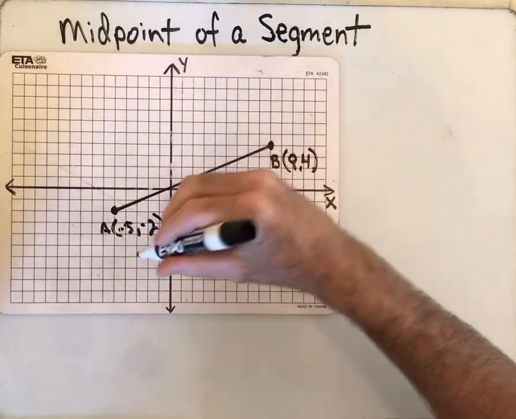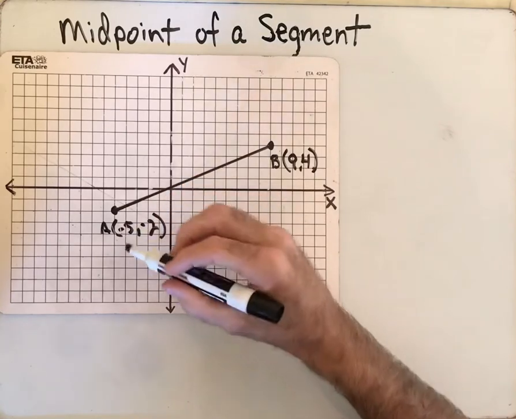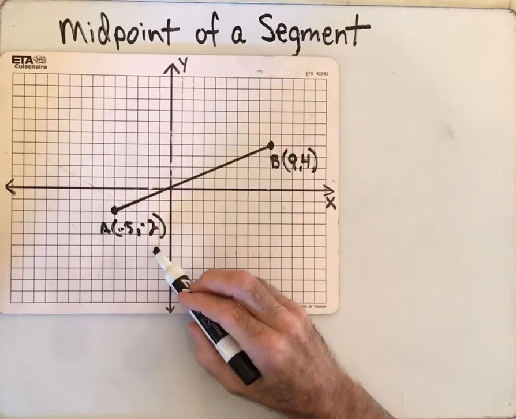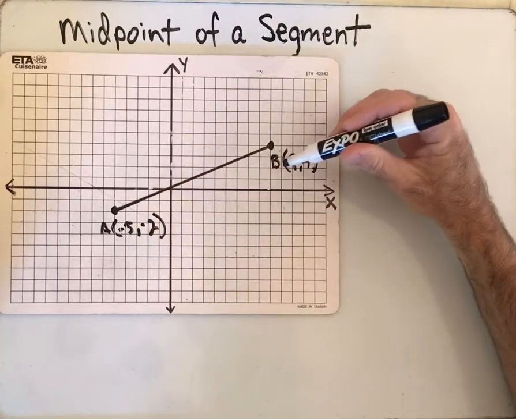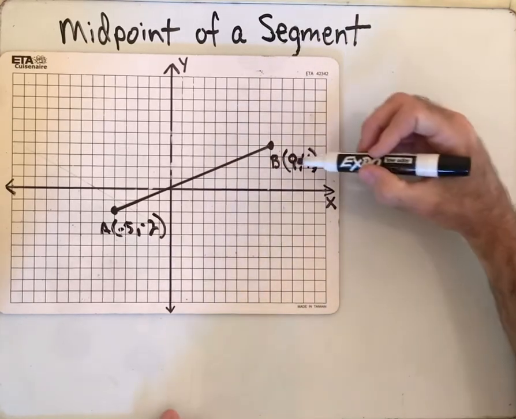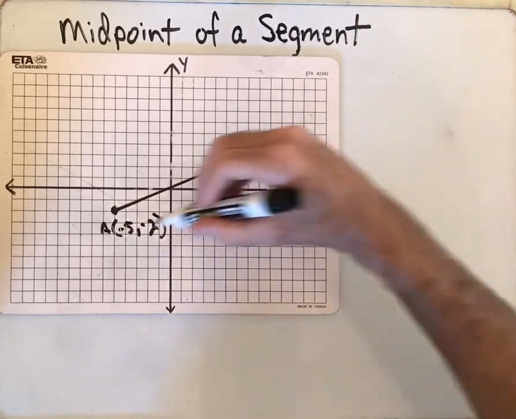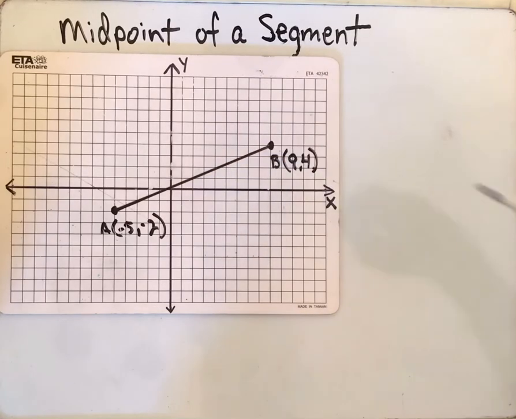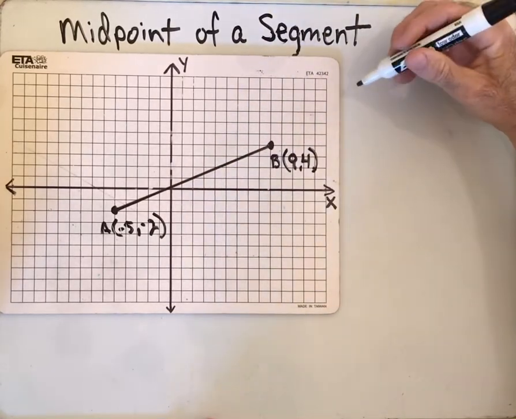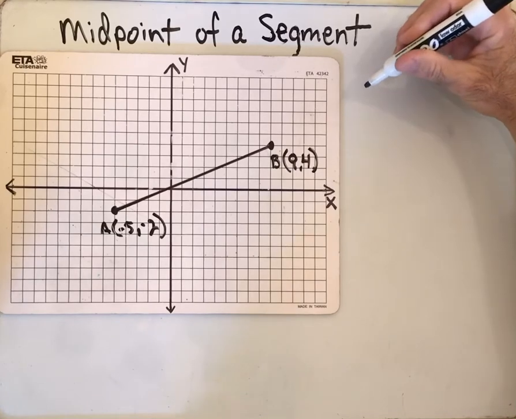Now we have an x and a y. We've got point A here at -5, -2, and then we've got point B at +9, +4. I want to find this midpoint. I don't know exactly where it is, so I can't mark it here yet, but I have an idea. We can do the same thing, only now it's going to be 2 coordinates.